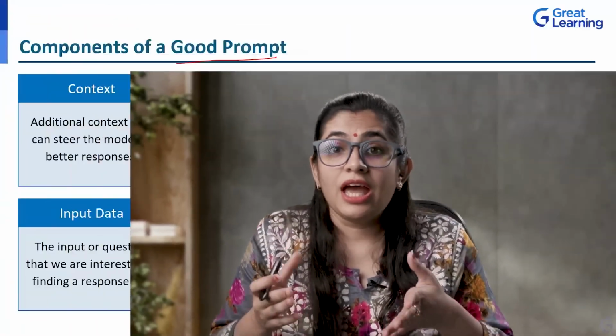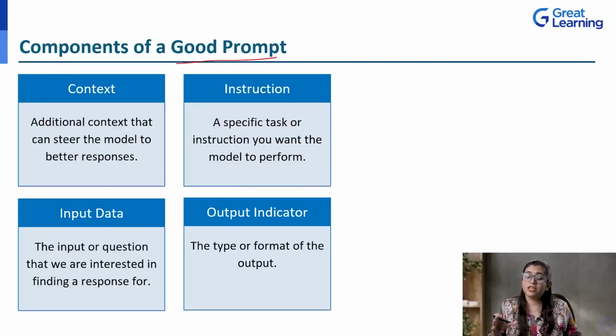Next is the input data. Okay, what is your input data? For the Tesla example, the input data is your business report or business article that you will provide to ChatGPT. And output indicator is what and how you want as an output. For example, you want your output in a CSV format. Suppose you want a tabular format, or you want a graphical format.